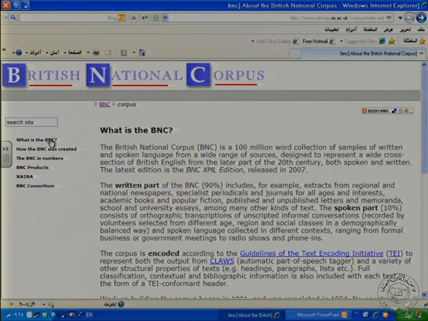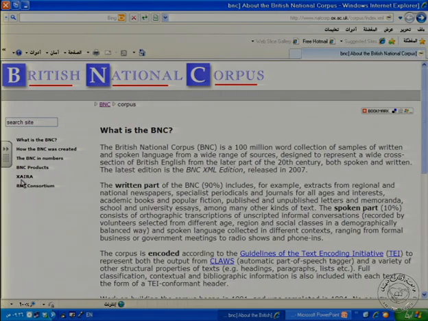And spoken language collected in different contexts, ranging from formal business or government meetings to radio shows and phone-ins. So you can read all the information about the British National Corpus, how the BNC was created, if you want to know how they created this corpus, the BNC in numbers, BNC products.